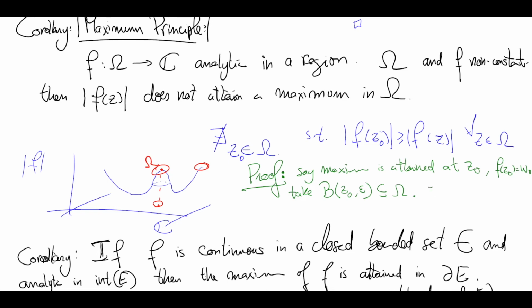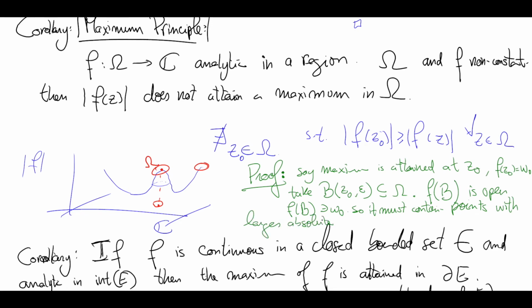We know that f of this ball is open, and f of this ball contains w0, so it must contain points with a larger absolute value. And so this is the proof, and this would be a contradiction, because then it wouldn't be a maximum.